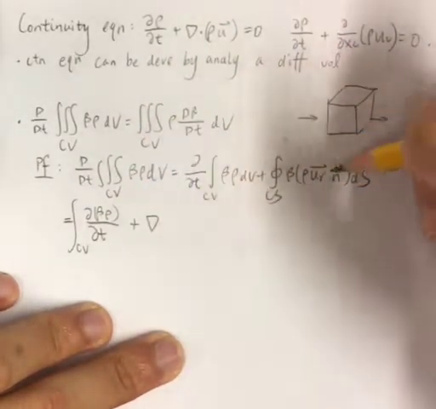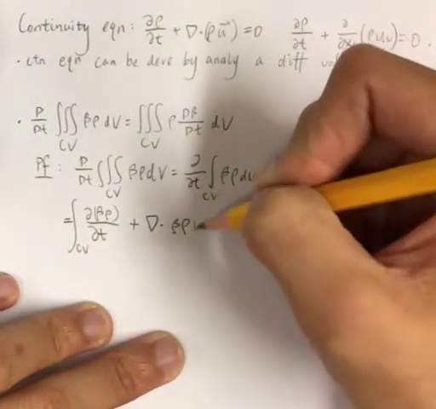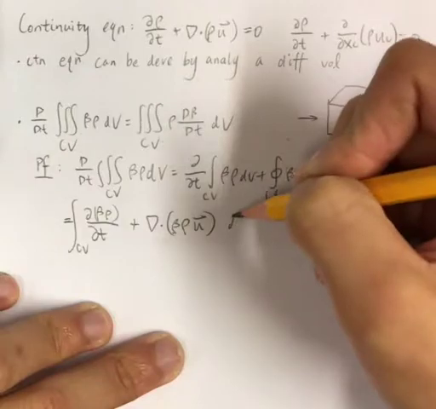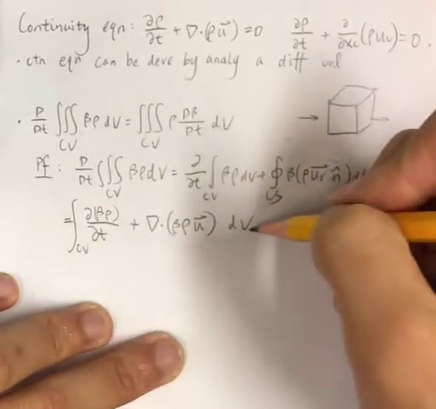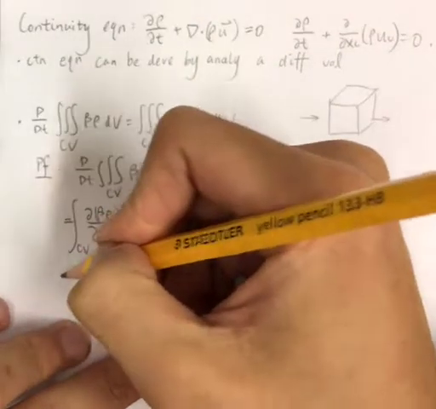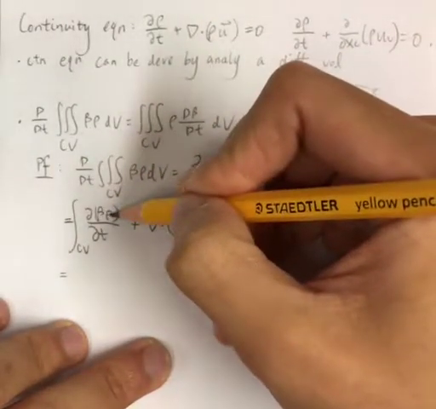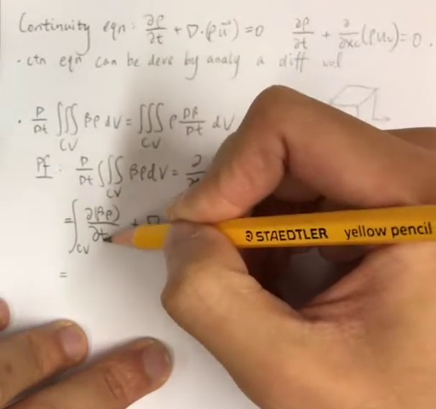This thing's divergence will be something like this: beta rho u, and everything integrated on the control volume, right? So now we see that the beta rho here is taking the derivative according to t.